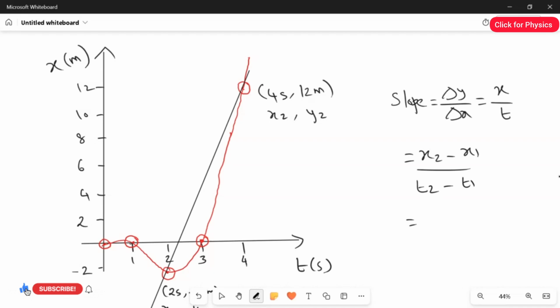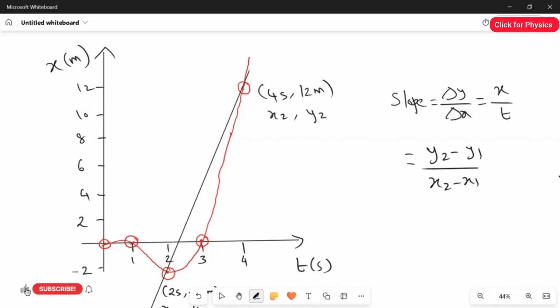So now substitute the values. Don't get confused about this x2 and here. Or I can do one thing: y2 minus y1 over x2 minus x1, because we are going to use these numbers.